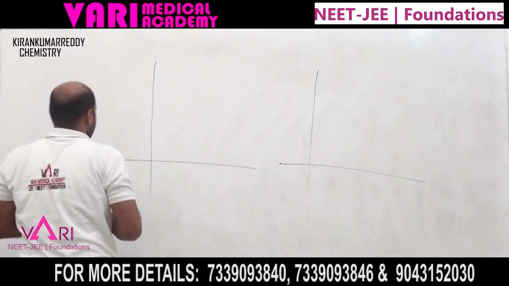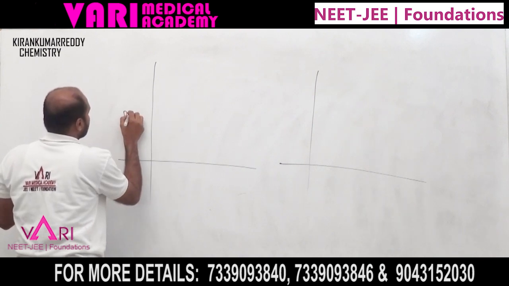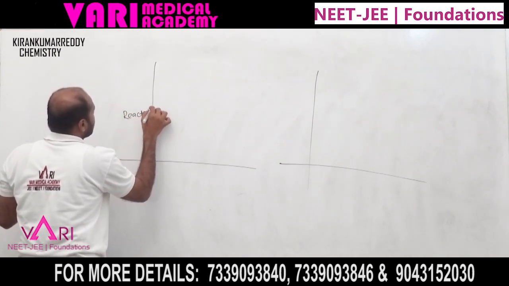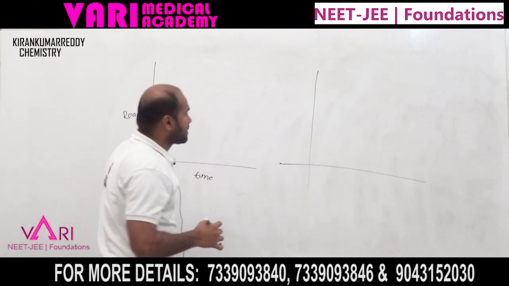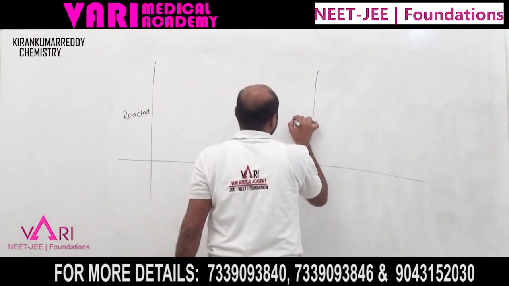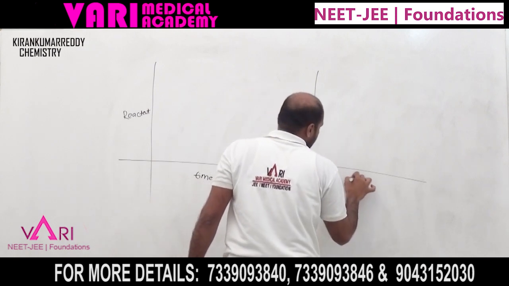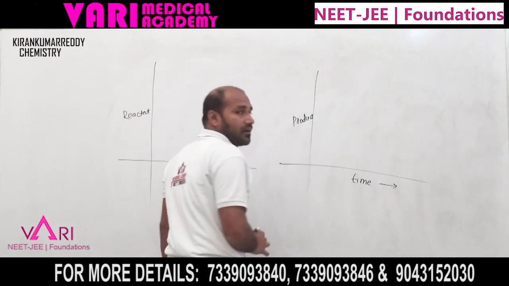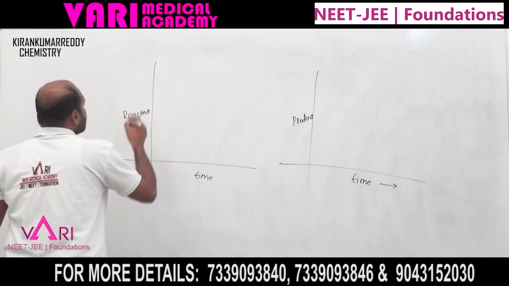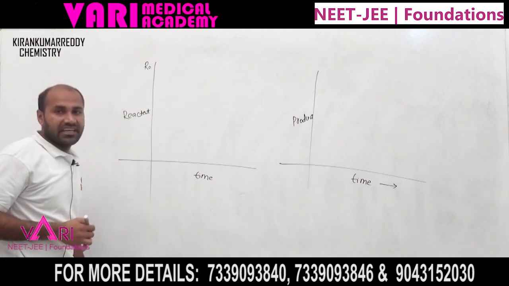Here is reactant concentration, I am writing R. Here is time. In the other graph, here is product concentration and here is time. Time is increasing, and R0 means the initial concentration of the reactant.